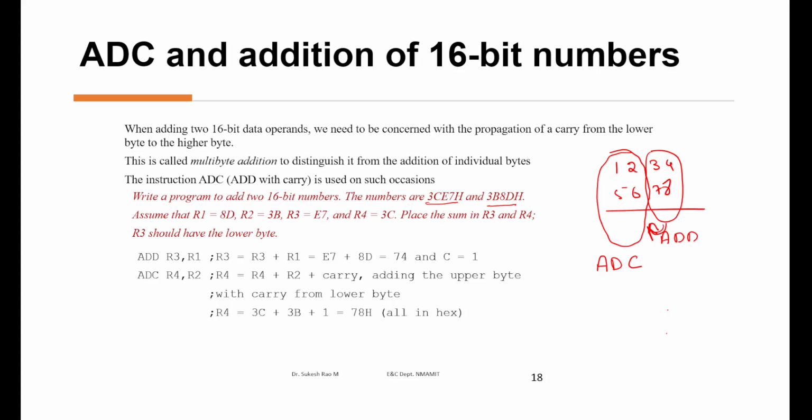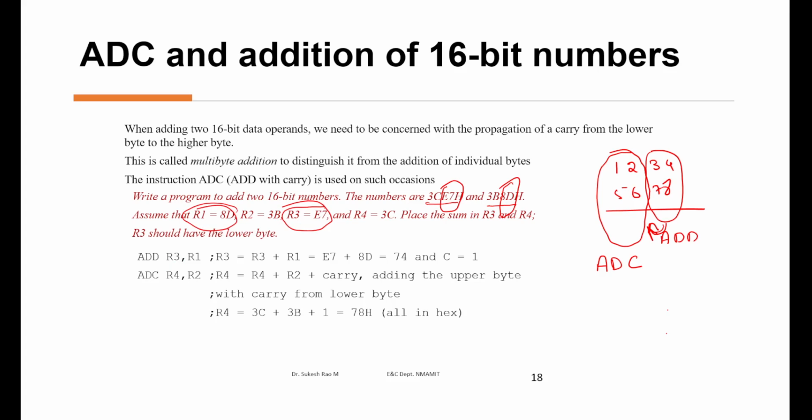Look at this: add R3 comma R1. I'm supposed to add these first. E7 is in R3, and 8D is in R1. So I am adding R1 and R3, and whatever result comes will be saved in R3.